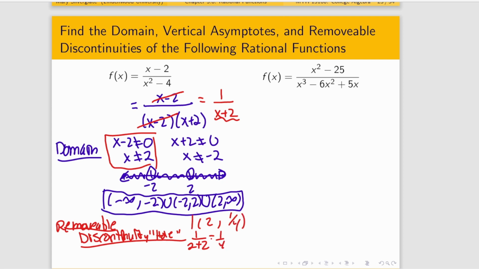So at the point 2 comma 1/4, I expect a quote-unquote removable discontinuity. And then our vertical asymptote would be whatever's remaining. So in particular, x equals negative 2 is our remaining vertical asymptote.